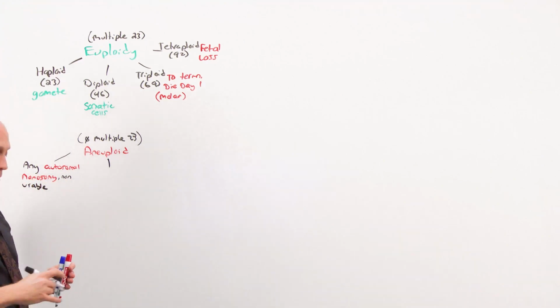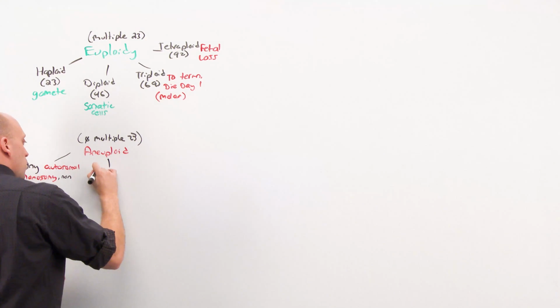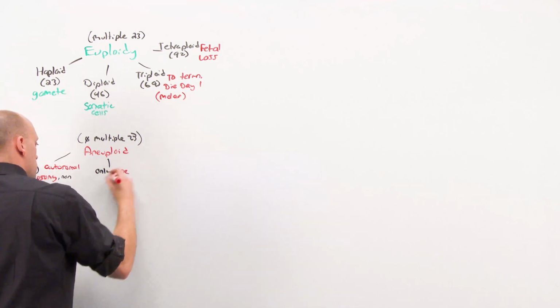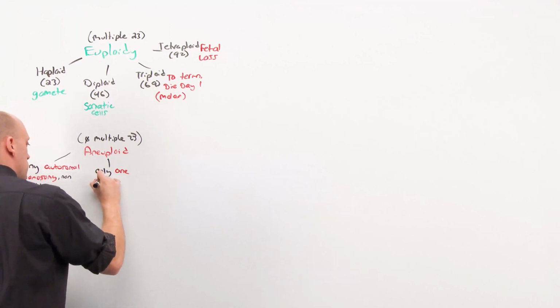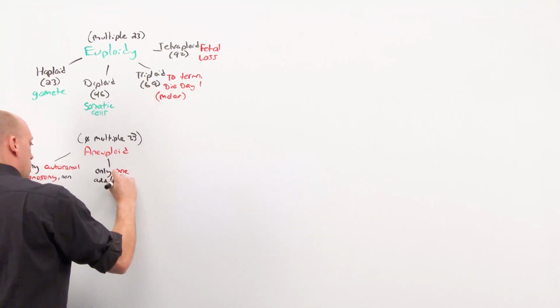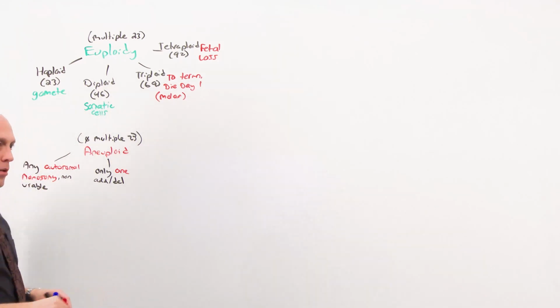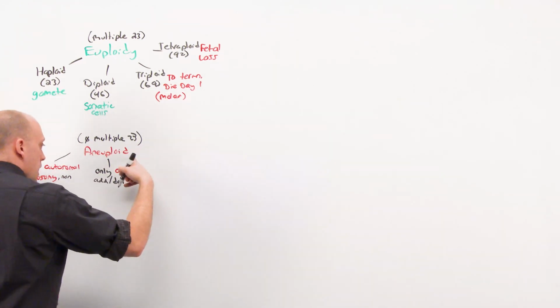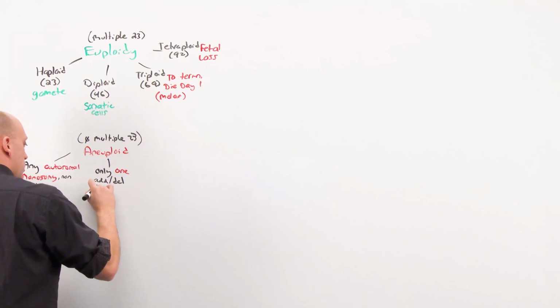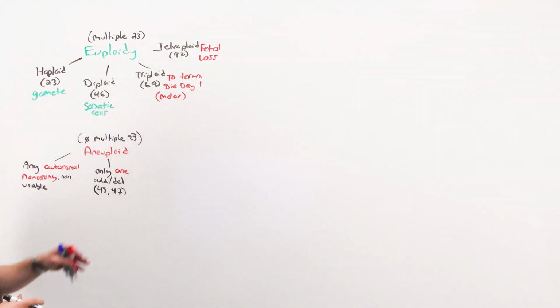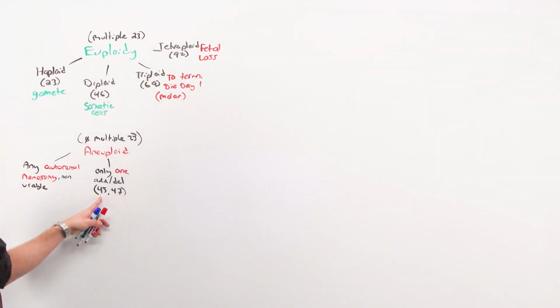The second is the organism can only tolerate 1 change, that is, 1 addition or 1 deletion of a chromosome. If there's more than that, dead. Which means that aneuploid will always be either 45 or 47. Any other combination is dead. 45 means lost a chromosome, 47 means gained one.